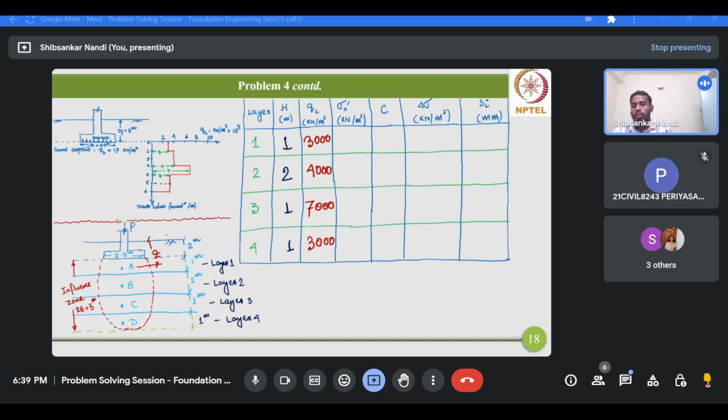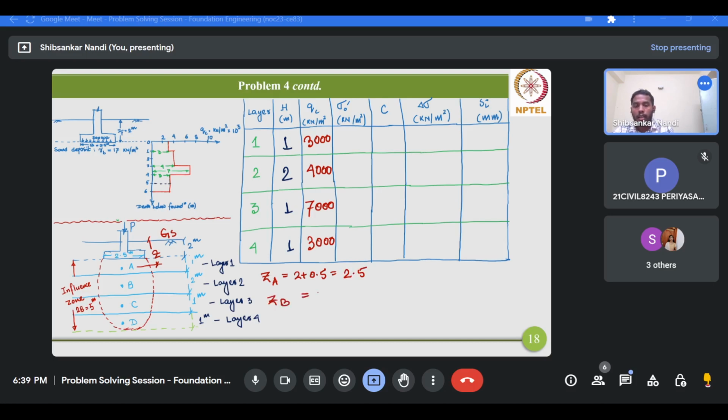Here the datum is the ground surface. Now what is the Z value for A, B, C and D? For point A, ZA is 2 plus 0.5, because 1 divided by 2. This gives the location from the foundation level, and you have to add this additional 2 to get the location from the ground surface. So 2 plus 0.5 is 2.5.